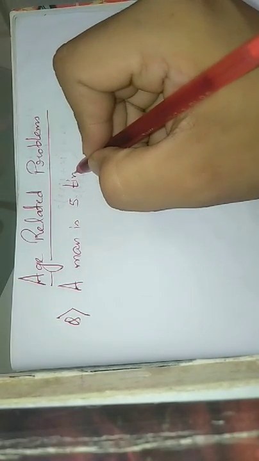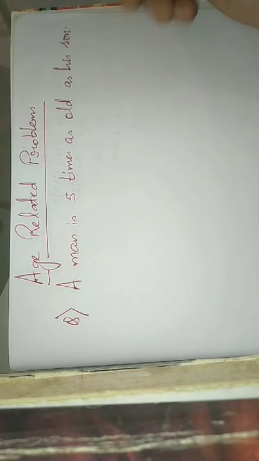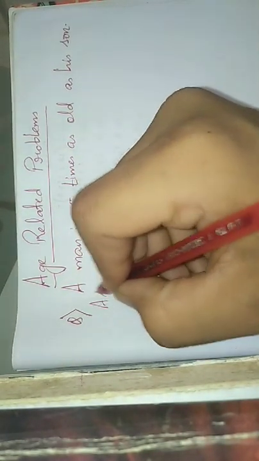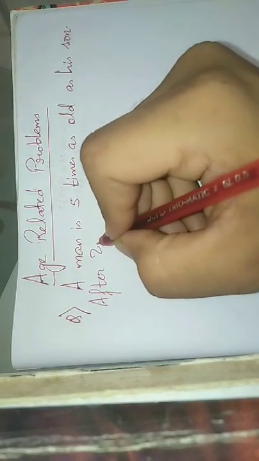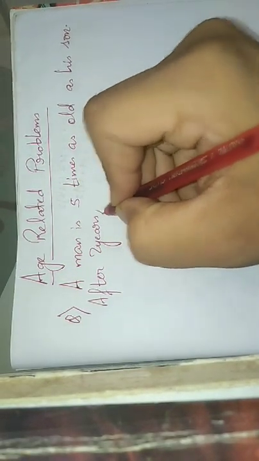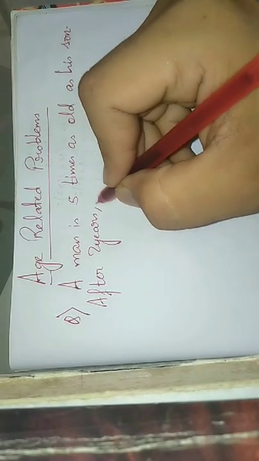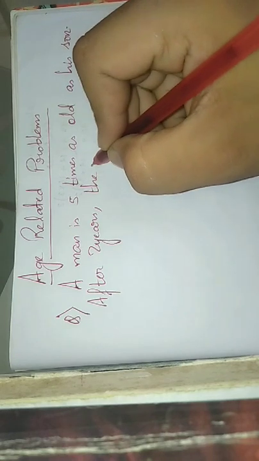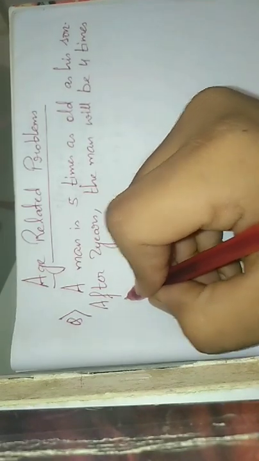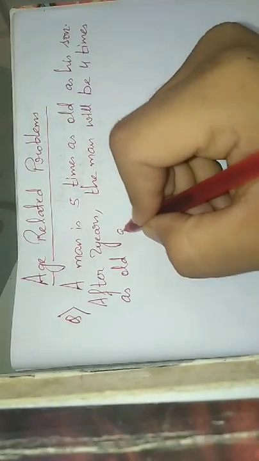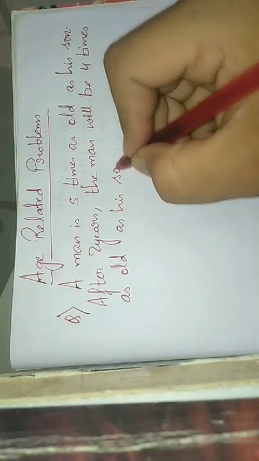The first question is, a man is 5 times as old as his son. After 2 years, the man will be 4 times as old as his son.